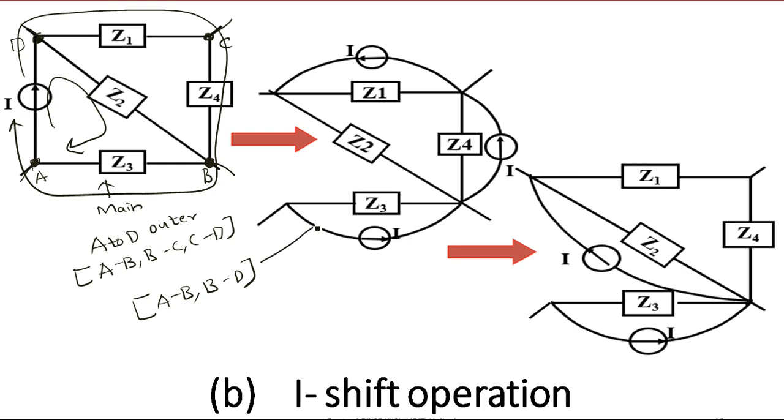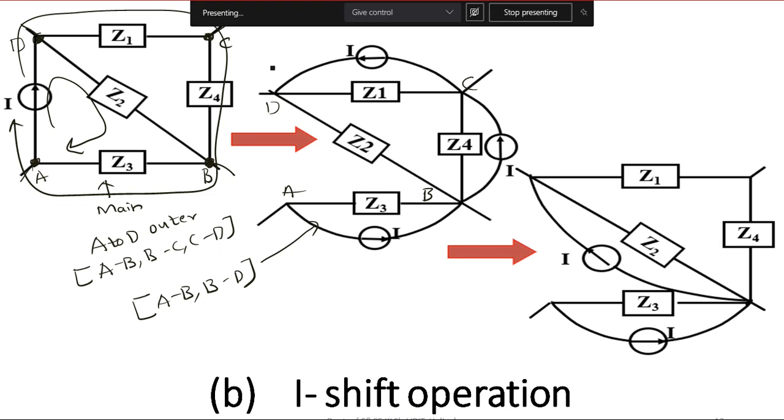The shortest path is this, A to B, then B to D. Sorry, not this one. Here we have that. So this is the first condition we have. Let me erase. Sorry.